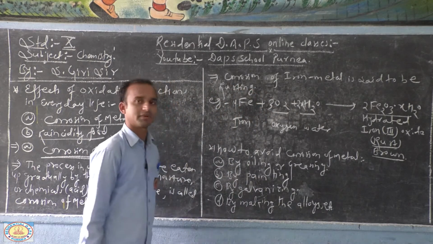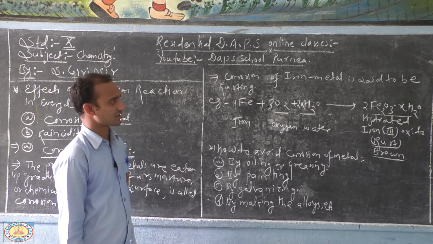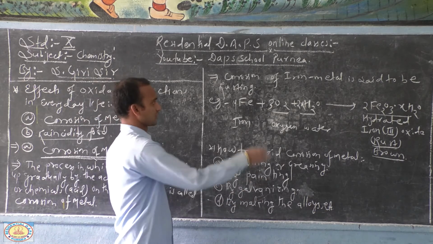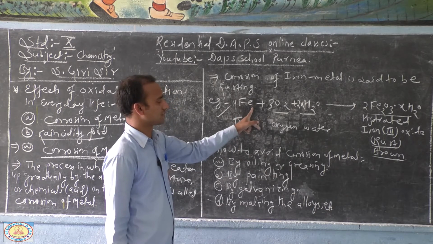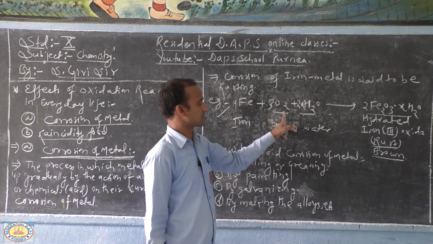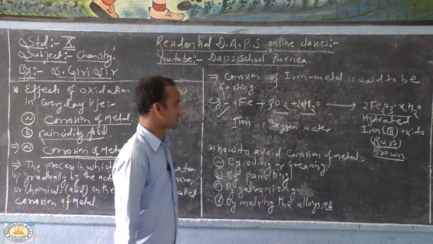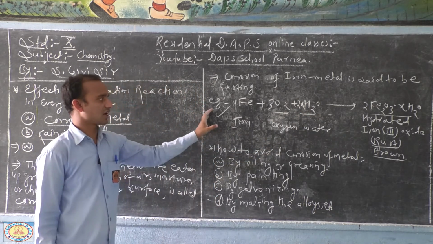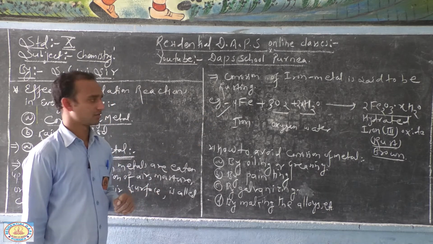The process of forming rust due to corrosion of iron on the iron surface is known as rusting. So, when iron, Fe, ferrum, reacts with oxygen and moisture, rust is formed. Slowly, gradually, the iron tools become weaker and weaker day by day.